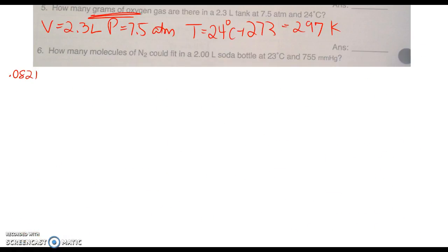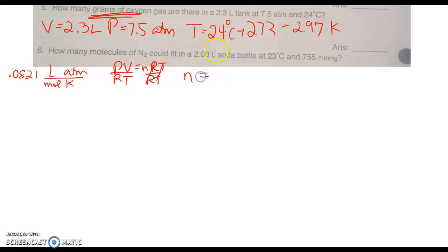Let's look back real quick. Liters, atmospheres, moles, degrees K. Liters, atmospheres over moles, degrees K. We want to find grams, so first we have to find moles. So we said PV equals nRT, divide by RT. Let's first get moles.